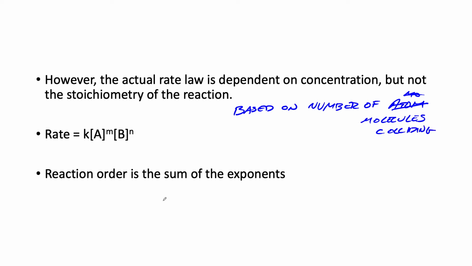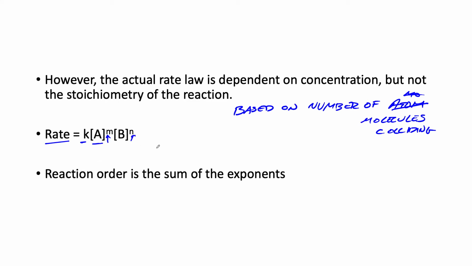If it's a first order reaction, you need to have 1 atom. If it's 0 order, there's nothing, it just doesn't. Second order means 2 of them collide. And how we figure out the orders is experimentally. And the rate is equal to a rate constant times the concentration raised to the rate order.